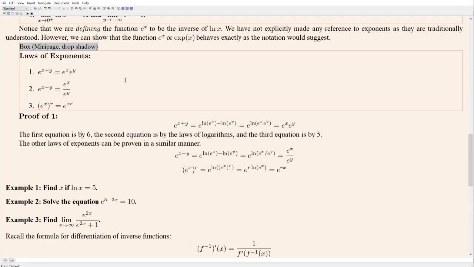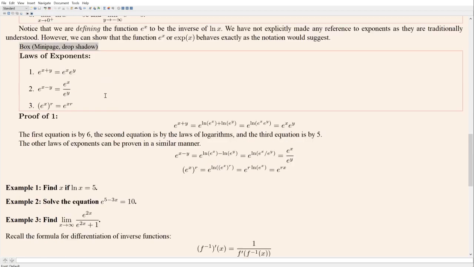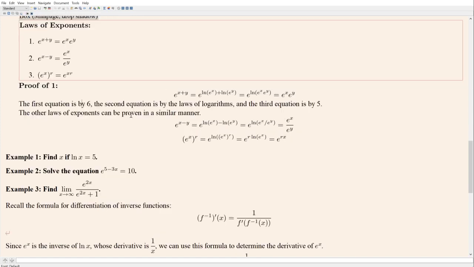So, just as logarithms have a number of laws which allow us to simplify expressions, exponents also have a number of laws. Addition turns into multiplication, subtraction turns into division, and exponentiation turns into multiplication. It's the same as the laws of logarithms, just being viewed from the opposite mirror, from the other side of the mirror, so to speak.